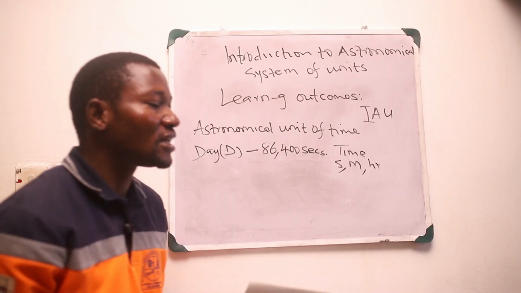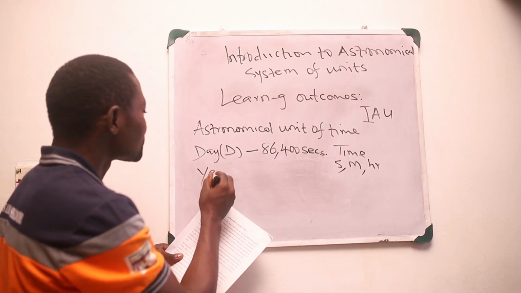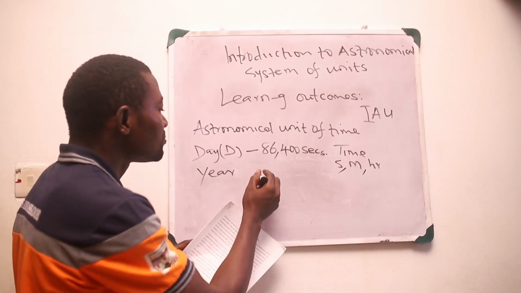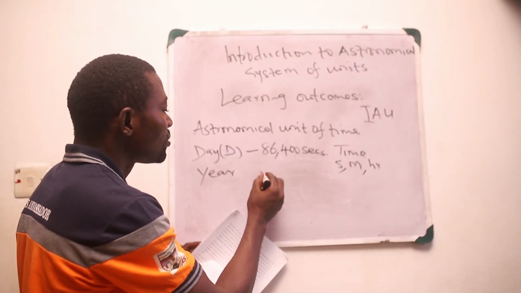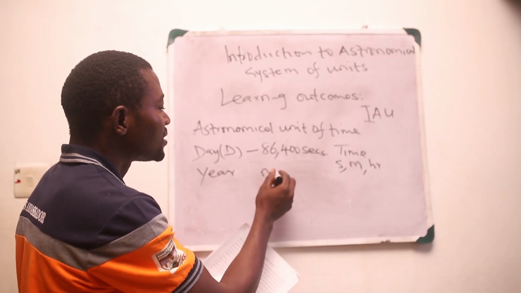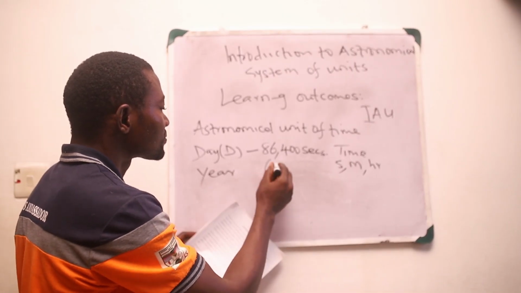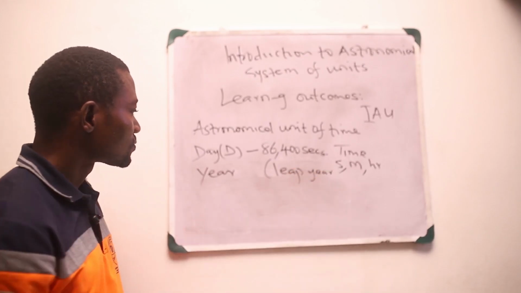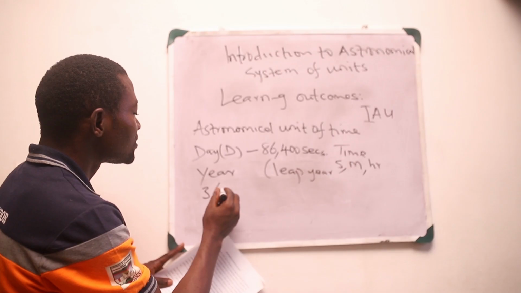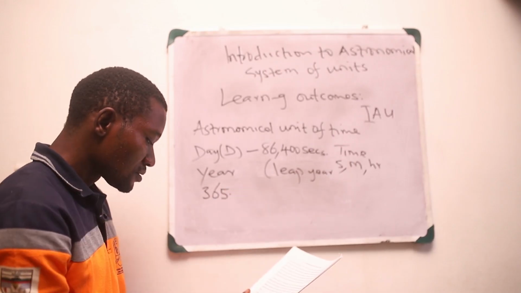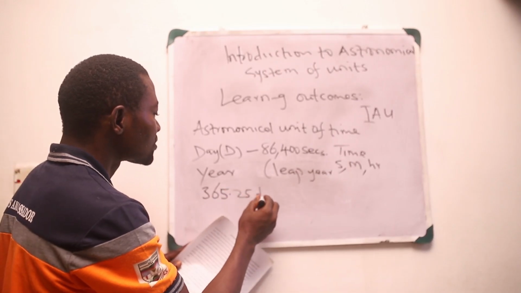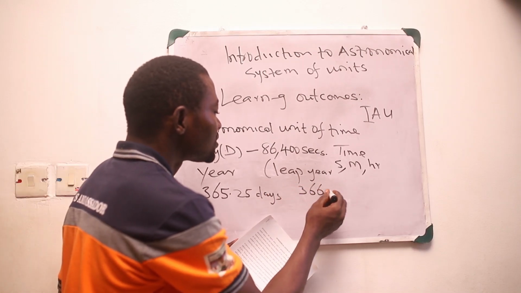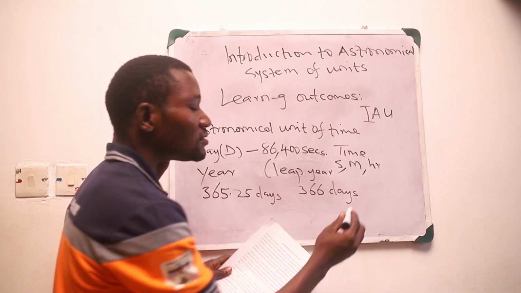The other unit that we use is year. And the year can be normal year and leap year. The normal year is 365.25 days, and the leap year is 366 days.